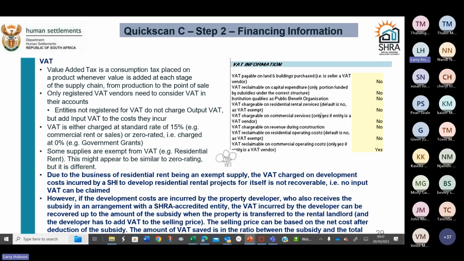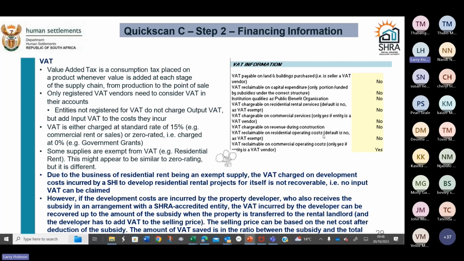If you're a VAT vendor, if you do commercial services such as commercial rental, you would answer yes to this next question, VAT chargeable on revenue during construction. Well, that's if you're letting your shops, if you're refurbishing the upper floors of an inner city building and the shops are still going downstairs, then you would answer yes to that question if you are a VAT vendor.